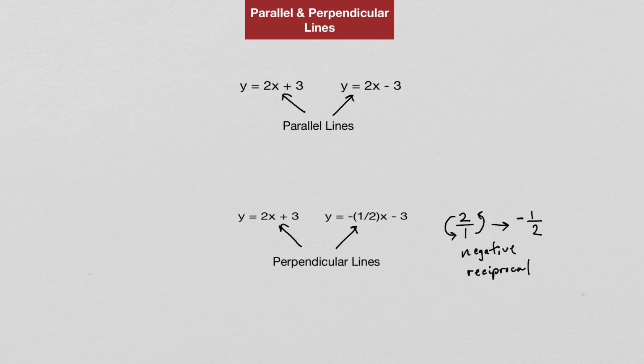So parallel lines, again, are when the slopes are the same, and the slope is identified by the number before the x, so if those two numbers are the same, they are parallel lines. When the slopes are negative reciprocals of each other, then they are perpendicular lines. So let's take a look at a couple more examples just so you understand what they are.